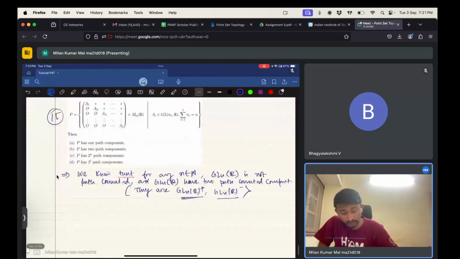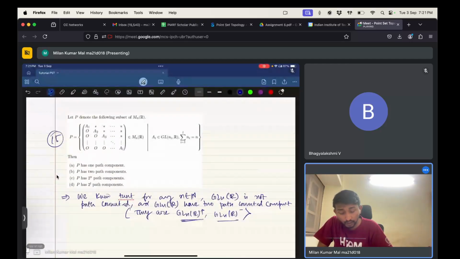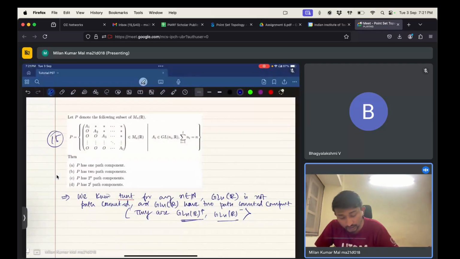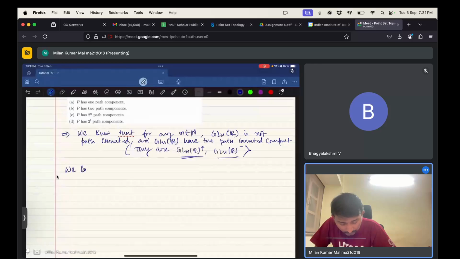Now you can take P. What is P? The diagonal elements are block matrices A1, A2, A3, up to Ak, and the star entries above can be non-zero. So P consists of upper triangular block matrices.